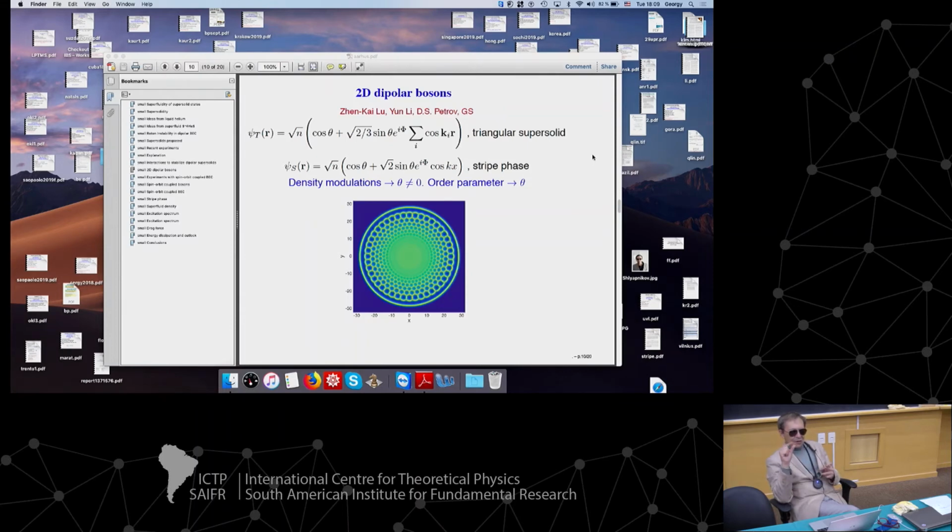There is still a very interesting question regarding the transition to the supersolid state.